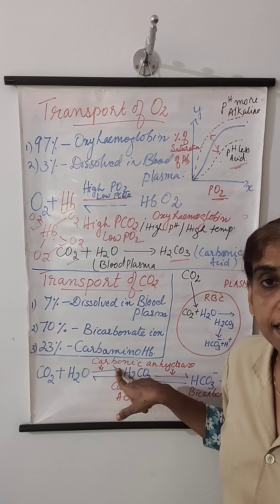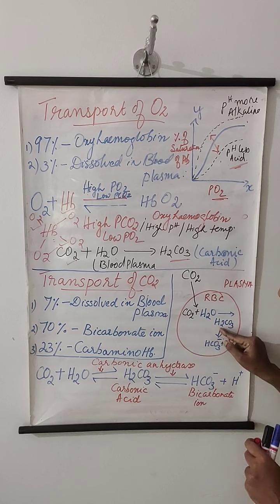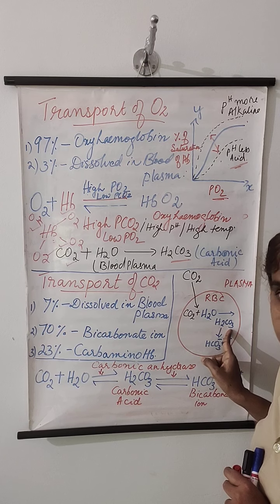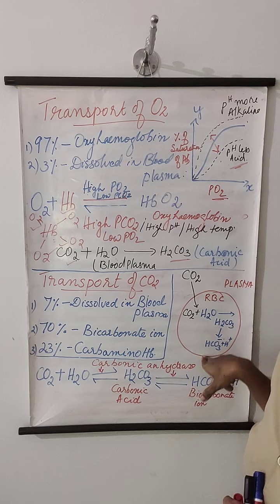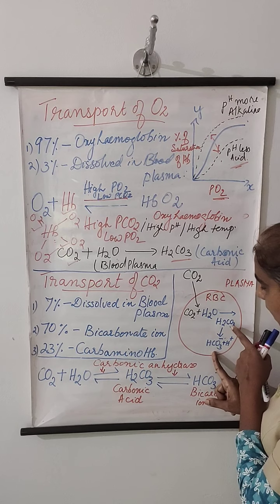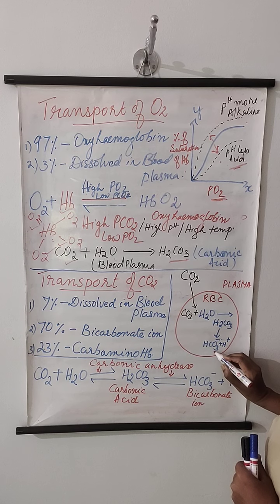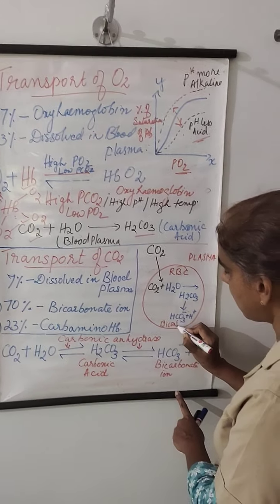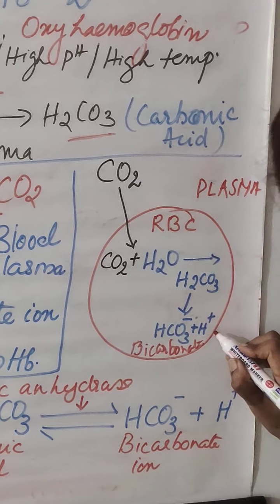And due to the presence and the high activity of this carbonic anhydrase, the same carbonic acid formation takes place inside the RBC cytoplasm. And the same enzyme will catalyze the ionization of this carbonic acid. You can see that immediately the carbonic acid can dissociate into a negatively charged bicarbonate ion and a positively charged hydrogen ion.